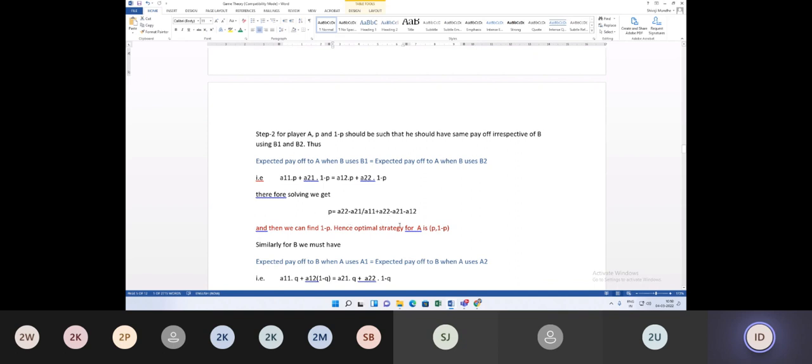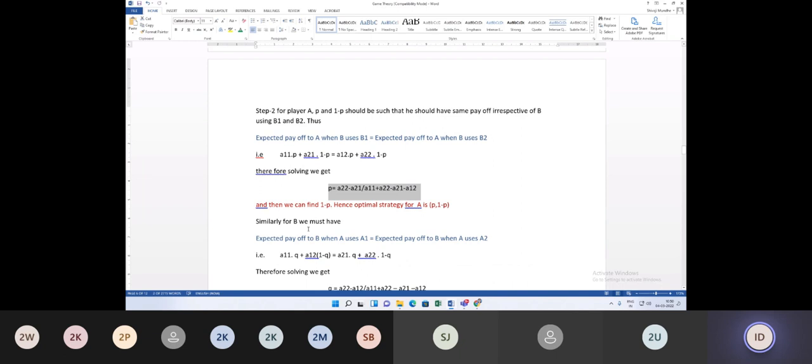P is separated here, the probability, and then we can find 1 minus P. Hence, the optimal strategy for A is P and 1 minus P. If you calculate P using this equation, we directly subtract the value of P from 1 and get 1 minus P. Both values we receive here.